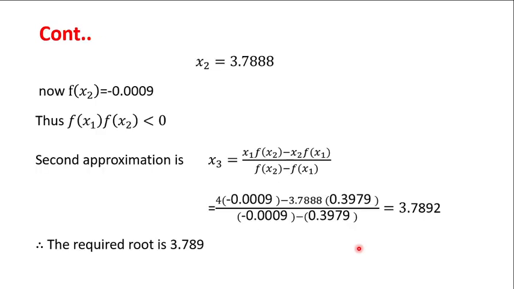Simplified, x2 is equal to 3.7888. Now find f of x2. Here x2 is equal to 3.788.